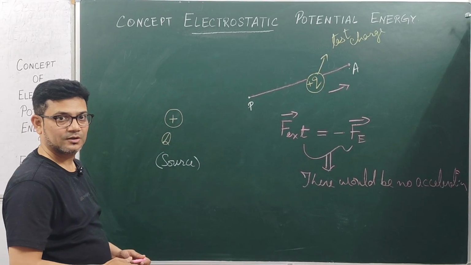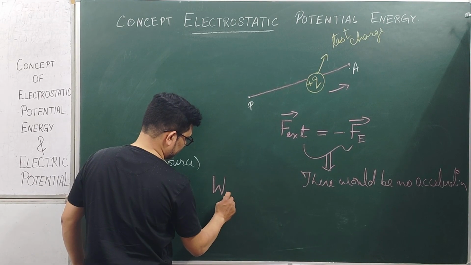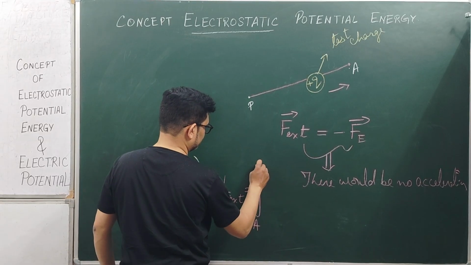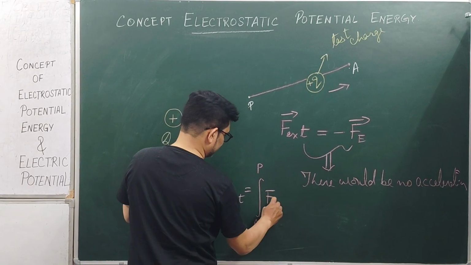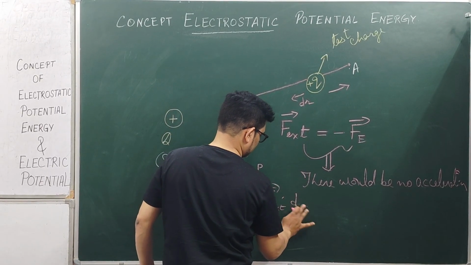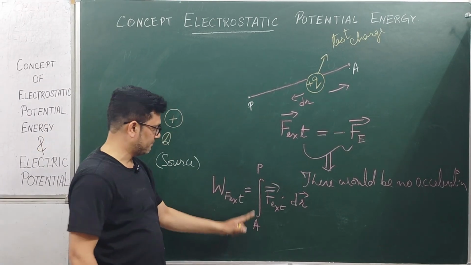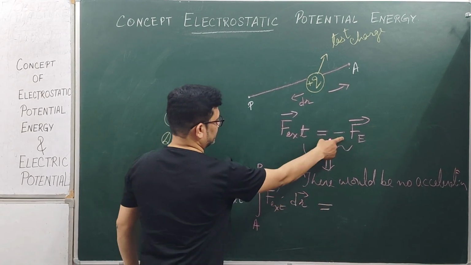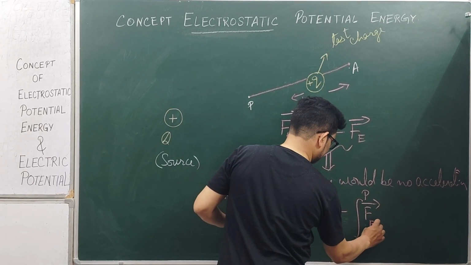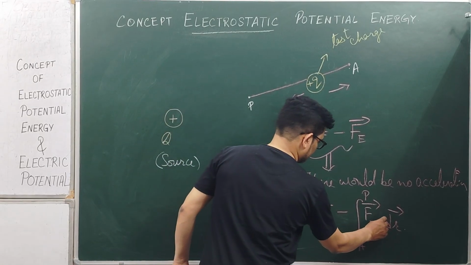Now what could we have as the work done? If I want to write an expression for the work done by the external force, we can write F external, from A to P, dot dr, where dr is the differential displacement in this direction from A to P. In terms of Fe, we have to have a negative sign, so from A to P it is the integral of Fe dot dr. This is the work done.